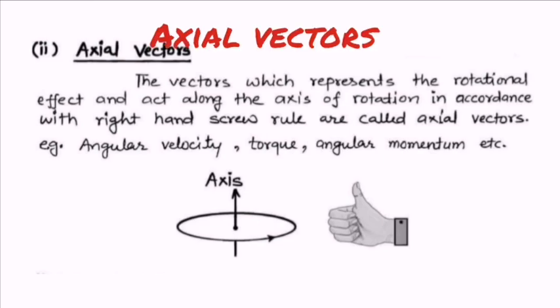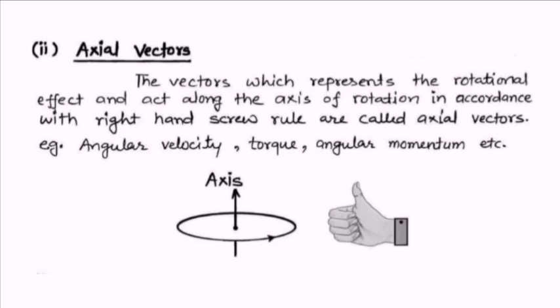Second vector is axial vectors. The vectors which represent the rotational effect and act along the axis of rotation in accordance with the right hand screw rule are called axial vectors.